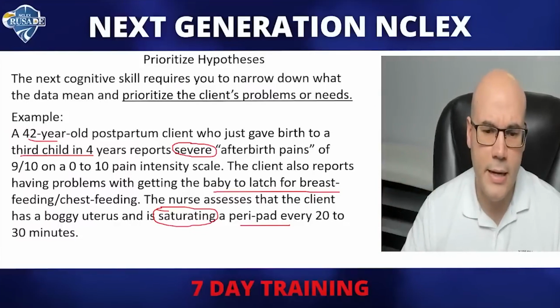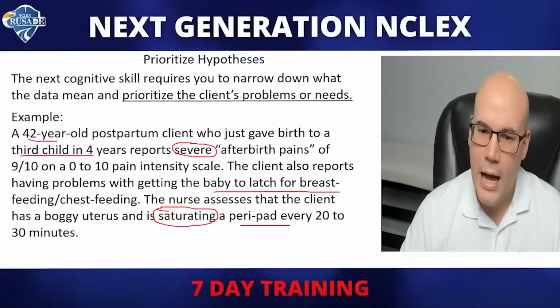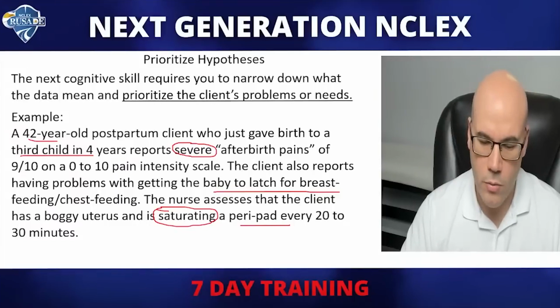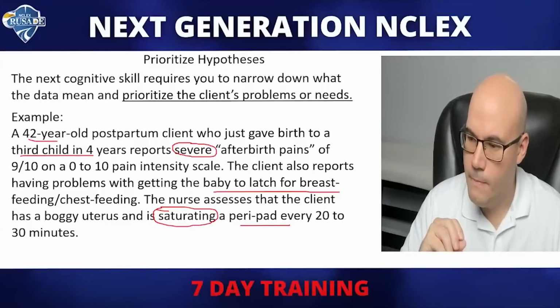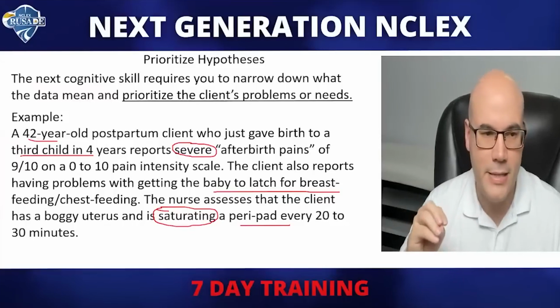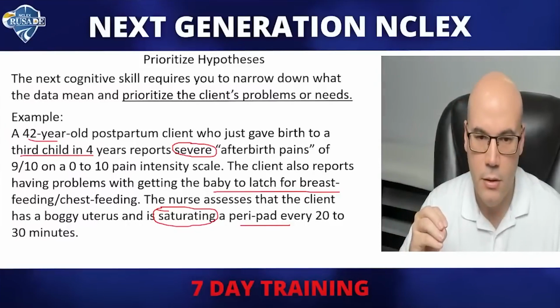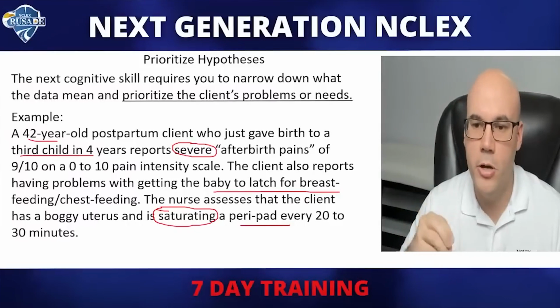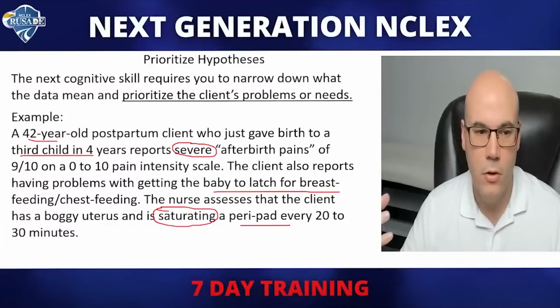So if we look at this scenario, how will you put it in order? What do you think will be the order of prioritization in order to formulate future care or future nursing interventions?